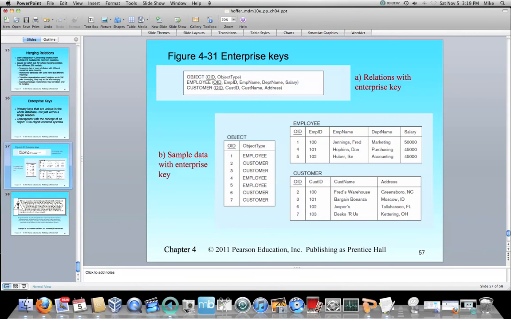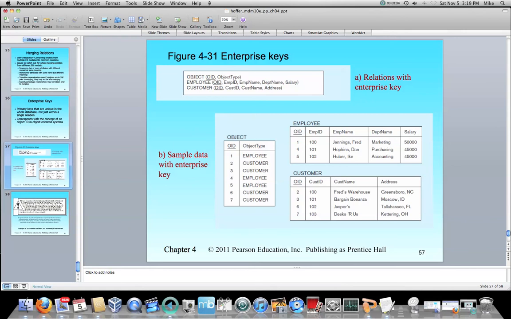There are other reasons that database designers like enterprise keys. No need to get into that now. Just realize that that's what we're talking about. When we talk about an enterprise key, we're talking about every relation in our database model creating keys unique to every record.